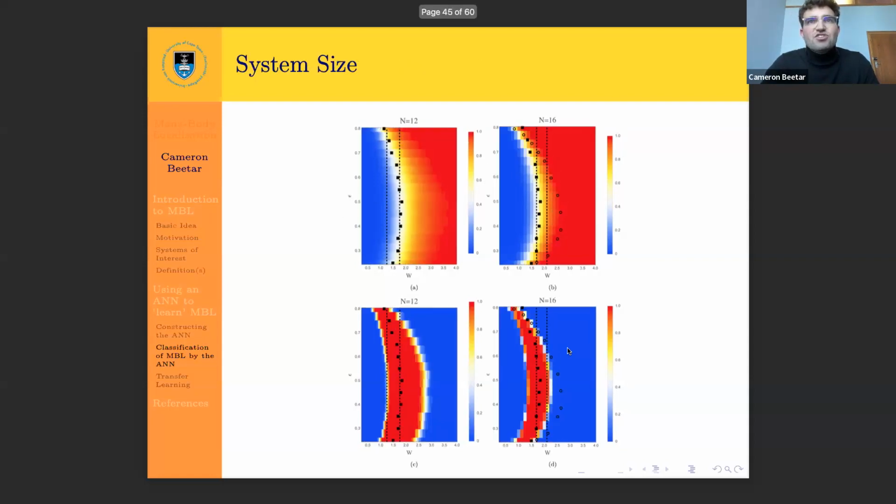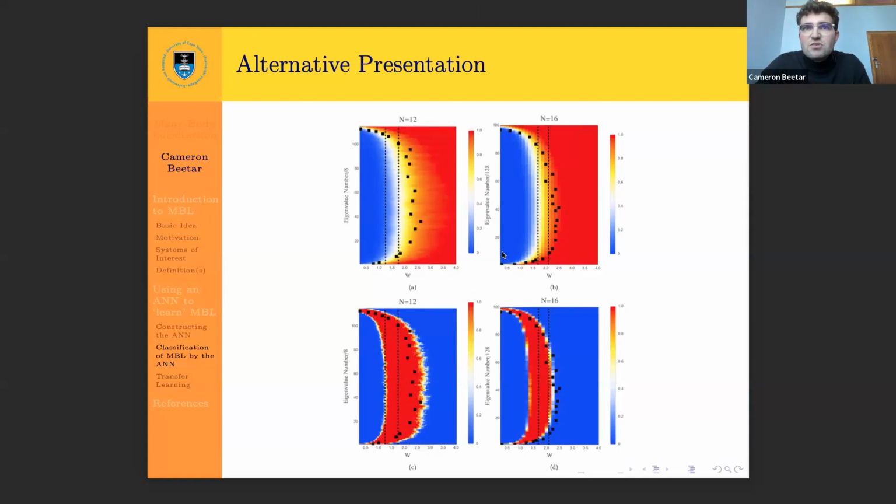Here we're making use of the same variable, the normalized shifted eigenstate variable, putting everything between 0 and 1. But an alternative way to do this is to literally label and order the eigenvalues from 1 to n, and bin them into groups of, in this case, 128 eigenvalues for n equals 16, and 8 eigenvalues for n equals 12.